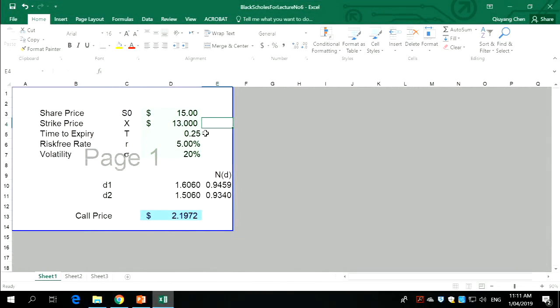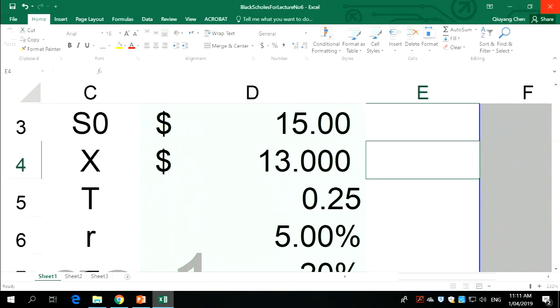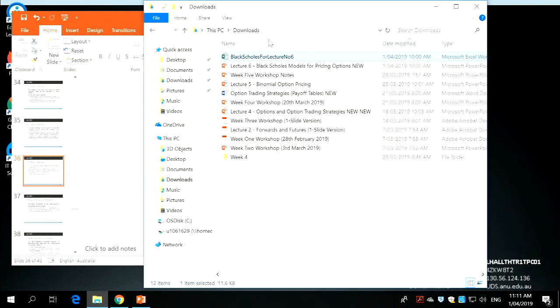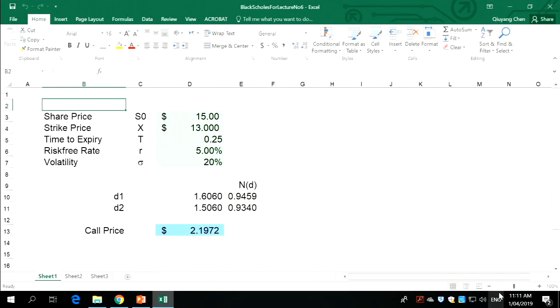So what I've done here is I just typed the Black-Scholes formula into our spreadsheet, right? Those are the parameters.